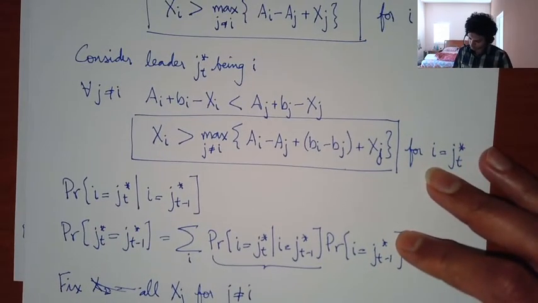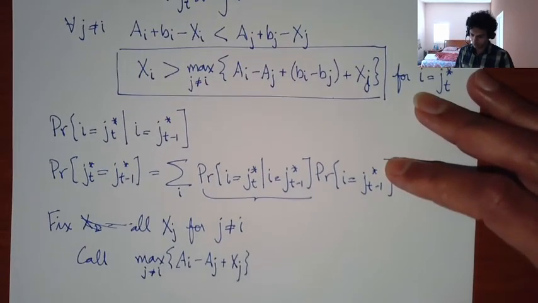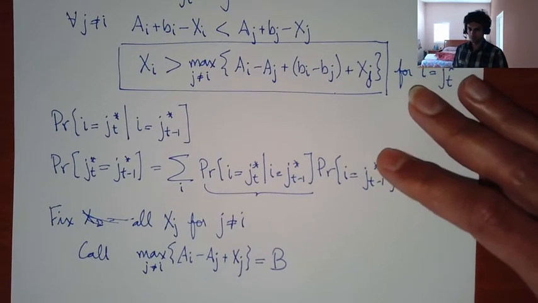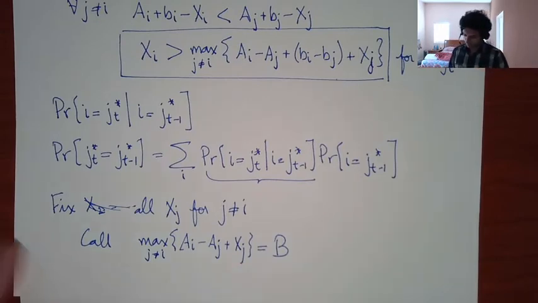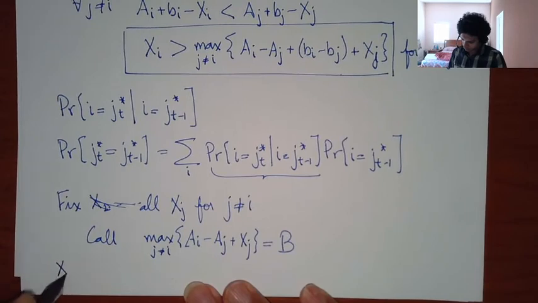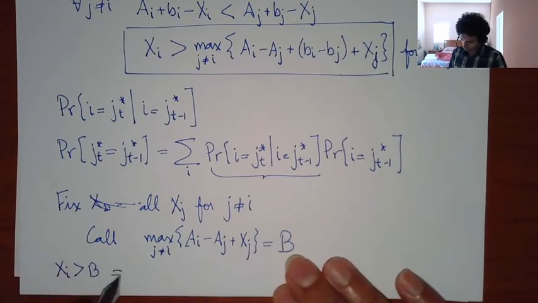And call the max over j not equal to I of aj plus xj, let's just refer to this as capital B. Okay. So we know that xi being greater than B is equivalent to I being equal to jt minus 1 star.